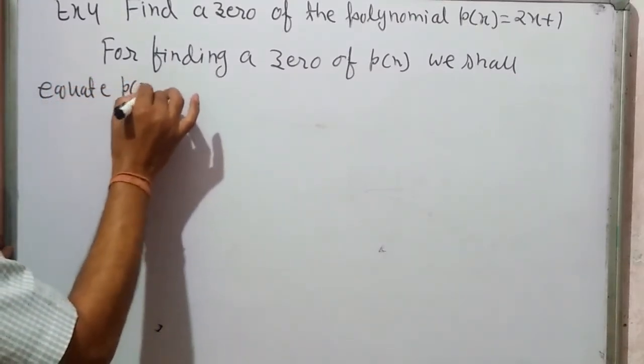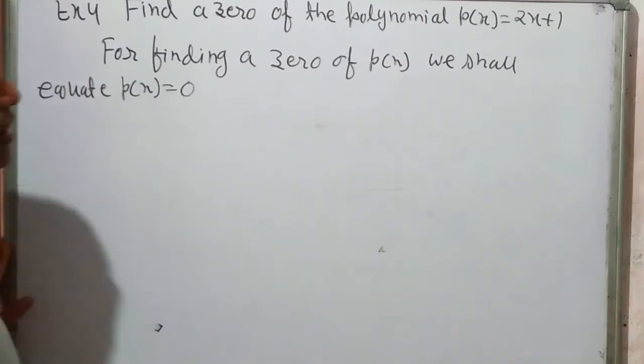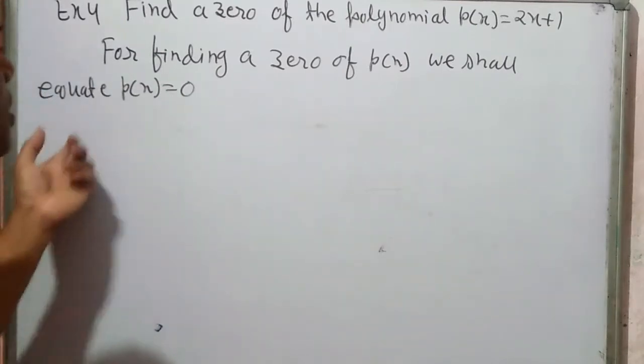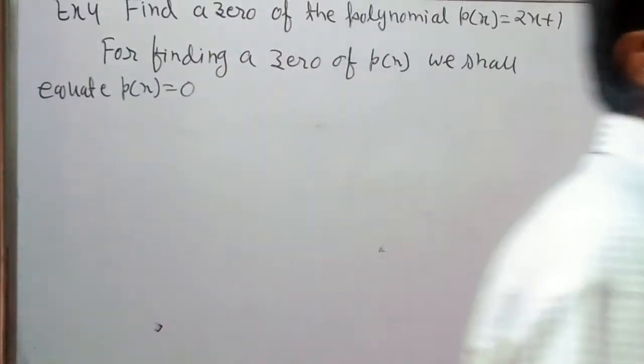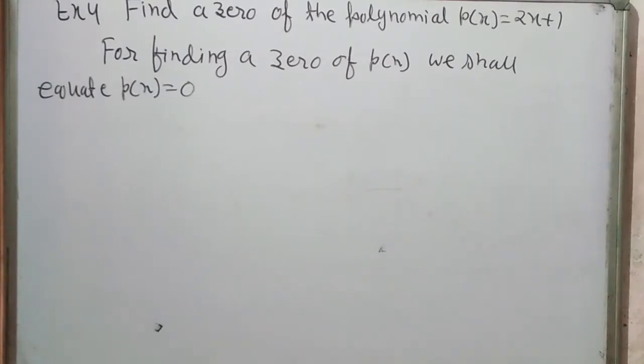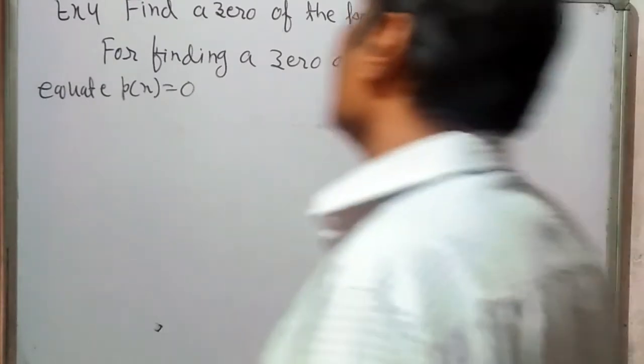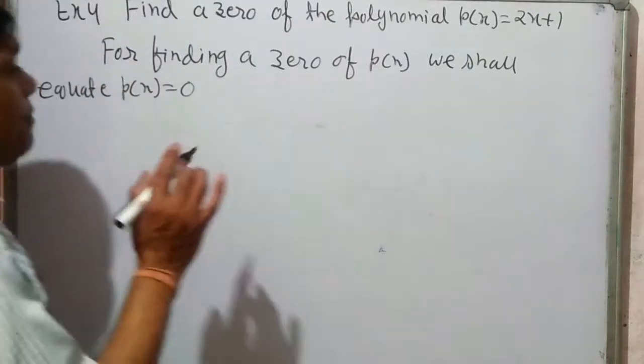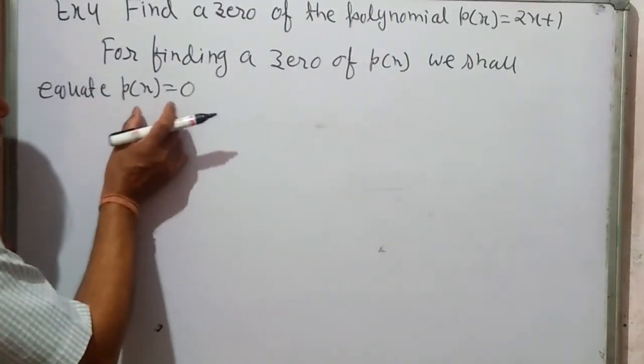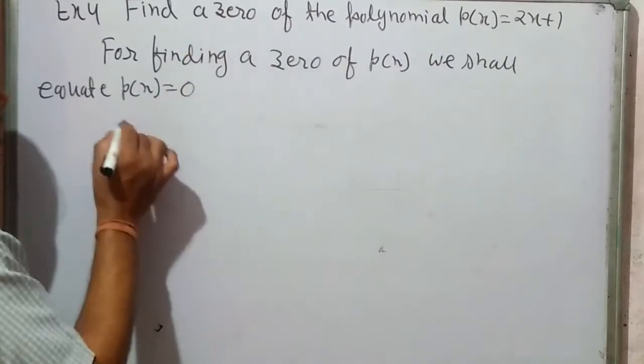Equate p(x) to 0. We shall equate the polynomial in x as equal to 0. By solving this out, we will be able to find the value of x. That means if p(x) equals 0, what is p(x) then? 2x plus 1.